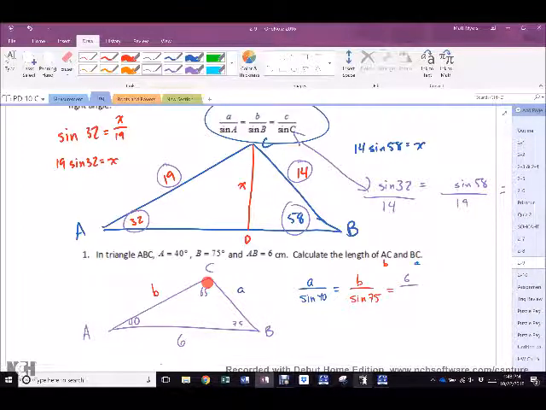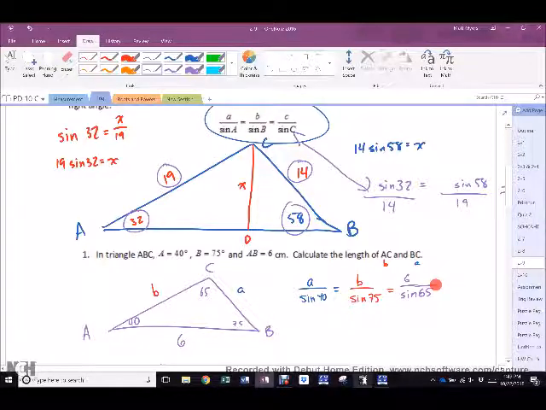Okay. Call your minds back to the SOHCAHTOA unit. Does the actual shape of your drawn triangle matter? No. Because the angles and all the relationships are still the same. So what is going here? Sine 65. Agreed?